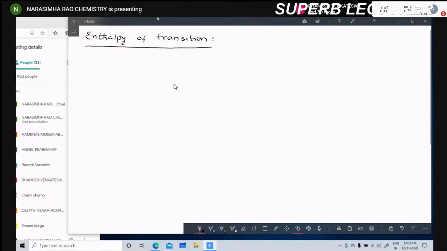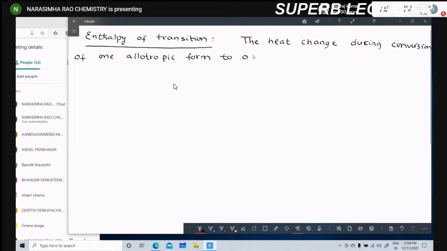Very good, so the heat change during the conversion of one allotropic form to another is called the enthalpy of transition, children.